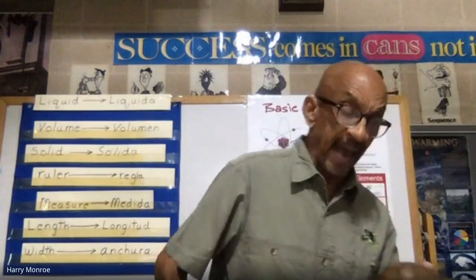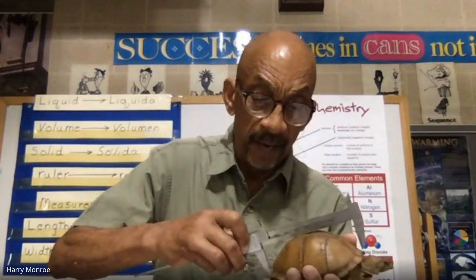It is called a caliper. I'm going to measure how long her shell is by simply putting one end of the caliper right there and the other end at the far end of her shell, and I can tell you the length of her shell is roughly 5 inches long. That's the customary measurement. And 130 milliliters, which would be the metric measurement of her shell.